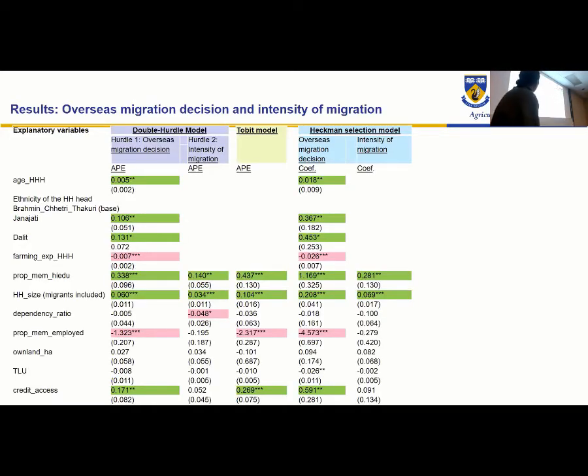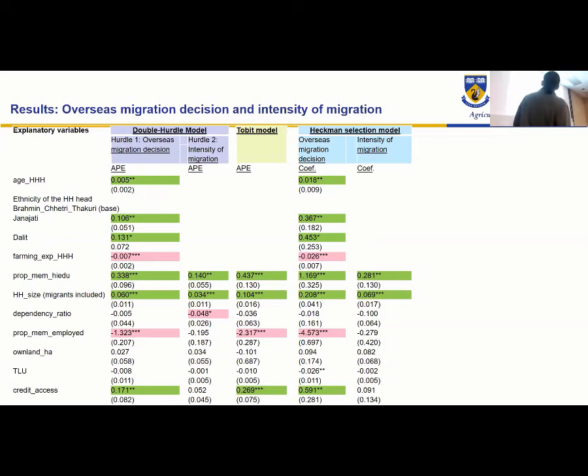So in this result, I'm sharing the results from all 3 models, and all of the models have given similar results. Here the green color shows the positive effect of the variables, whereas the pink color shows the negative effect of the variables.